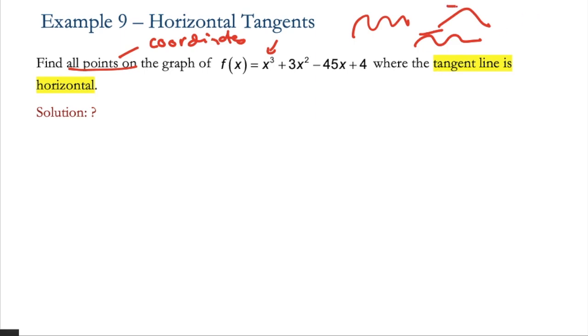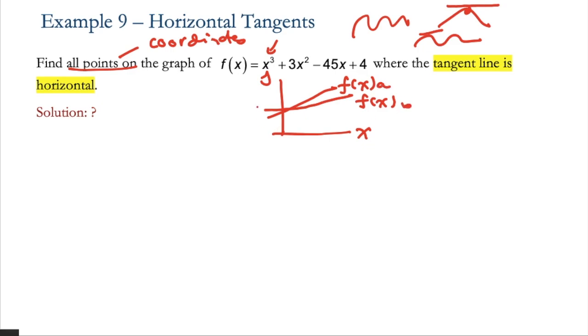Now if horizontal, it means like this, isn't it? So it means the slope of this point. Okay, so what's the solution? If you can recall back the lecture, you have f(x) like this, and then you have points a, b. For the first one here, the slope is steep, isn't it?